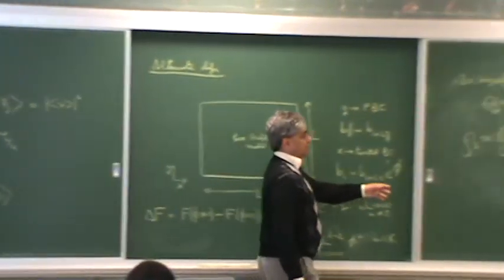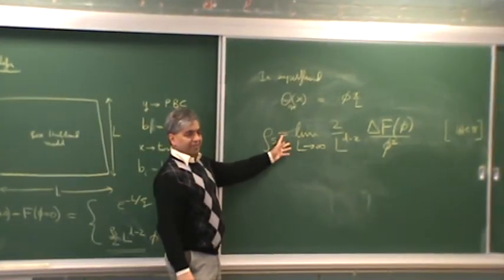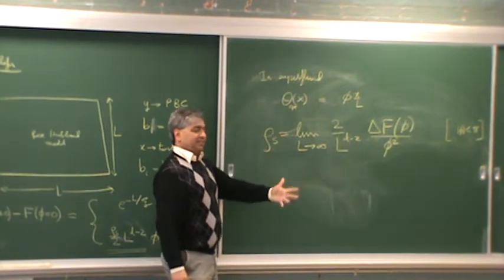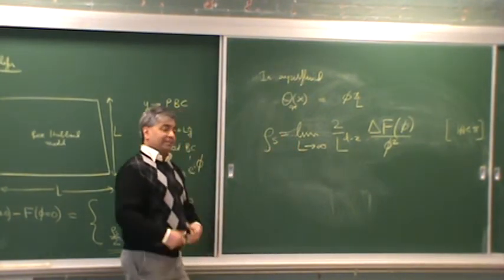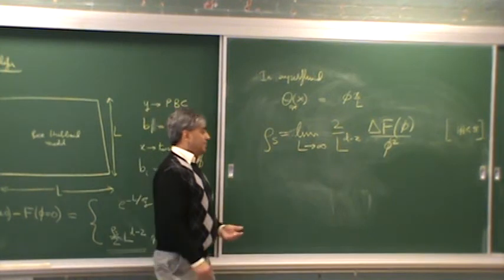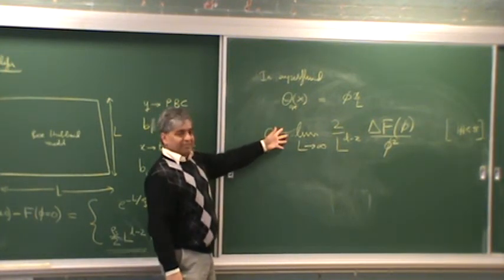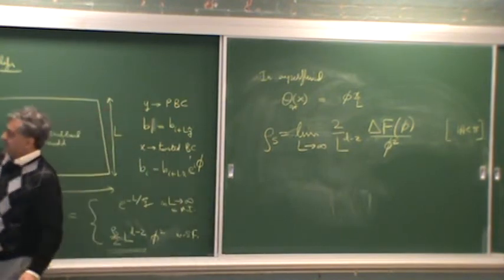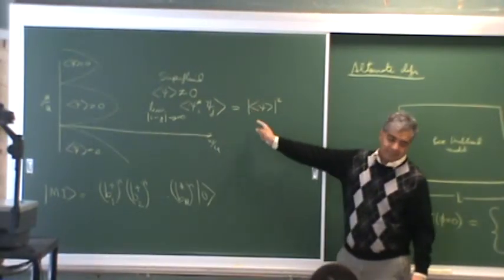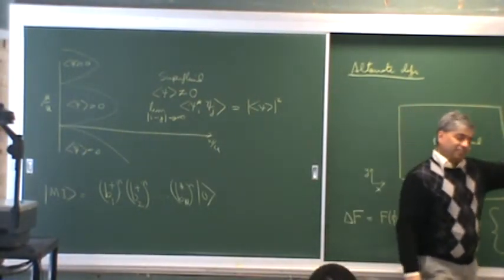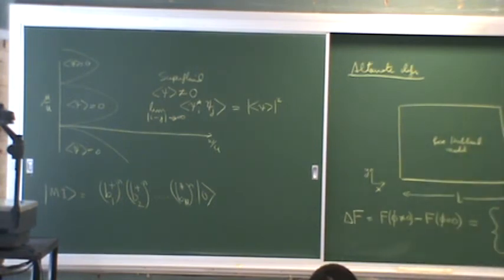This is another definition. It turns out this is more general and more powerful. There is the famous case of 2 dimensions, or 1D at zero temperature, which we will discuss after the break, where this is non-zero, but this is still 0. So this is a weaker definition. This is the more rigorous and better definition, having to do with twisted boundary conditions.